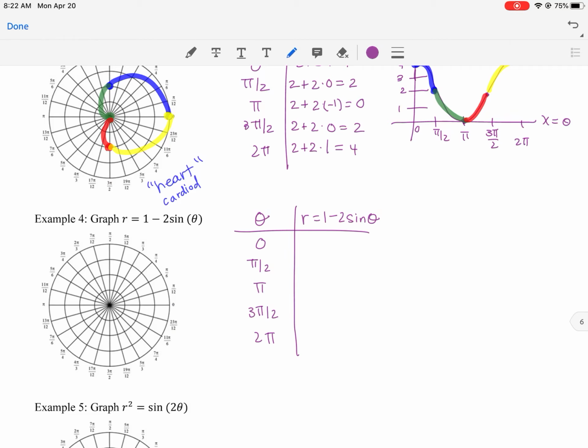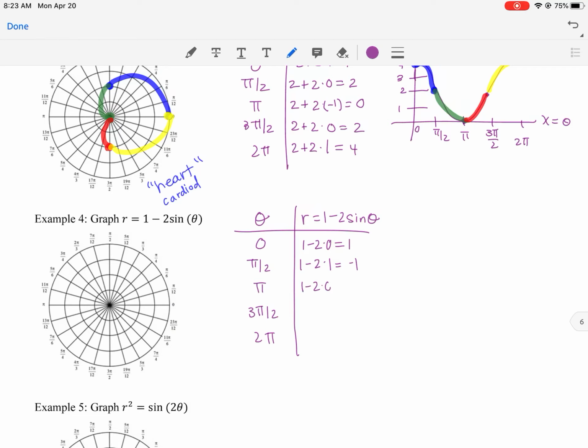So we're going to have 1 minus 2 times sine of 0 is 0, so we get 1. 1 minus 2 times sine of pi halves is 1, so we get negative 1.